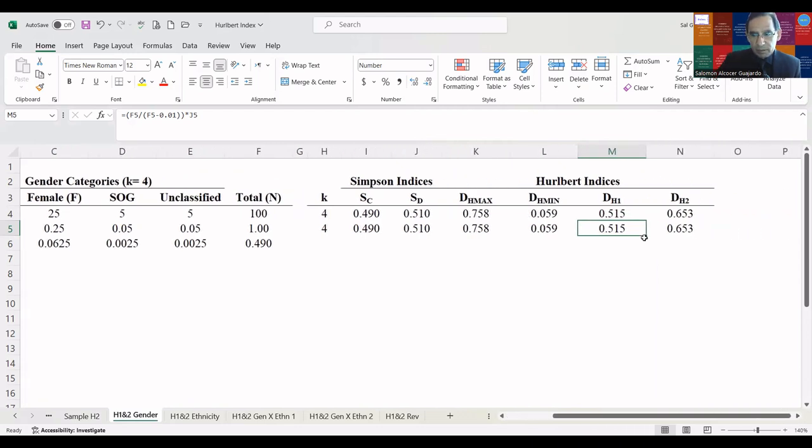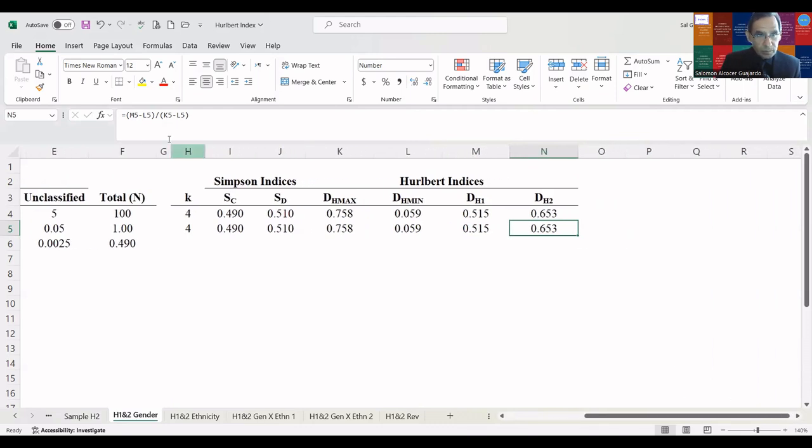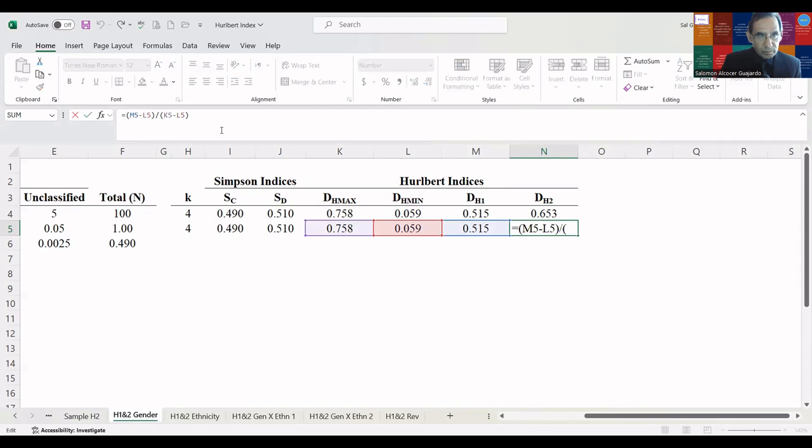Now, in order to calculate the relative diversity score, I have to calculate the minimum score and the maximum score.